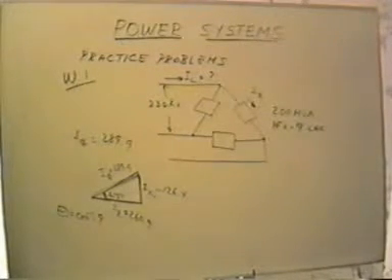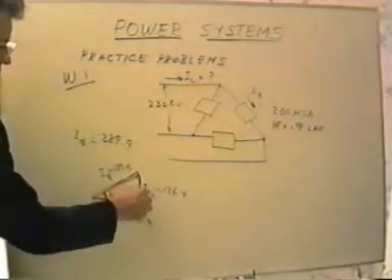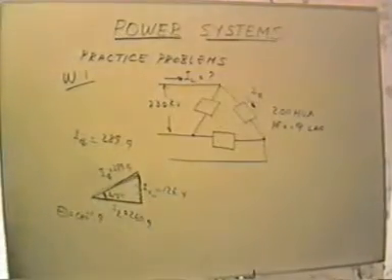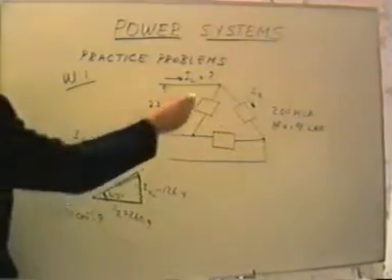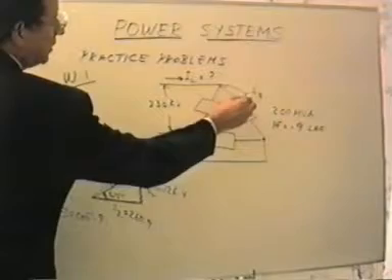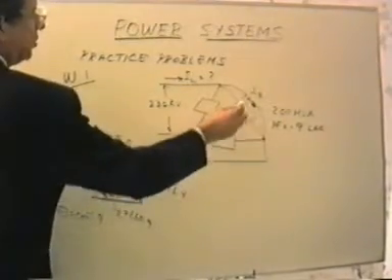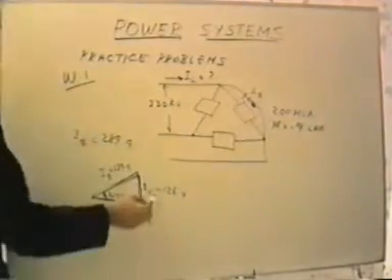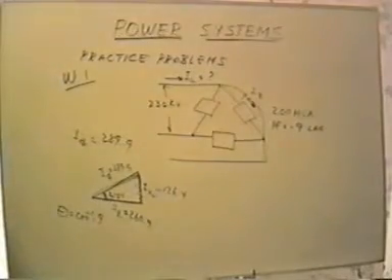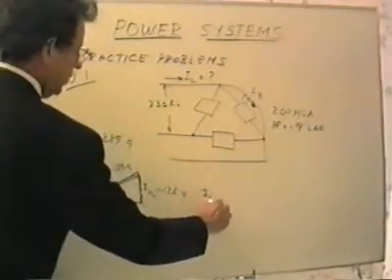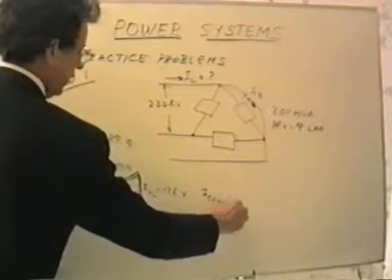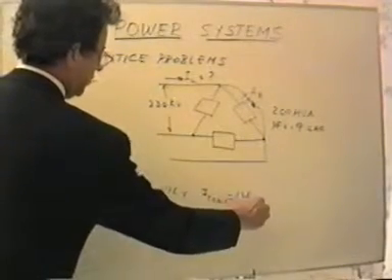Well, what we'd like to do is to cancel this component out to get unity power factor. So I must add a capacitance across here in such a way that the capacitive component of current is exactly 126.4 amps.